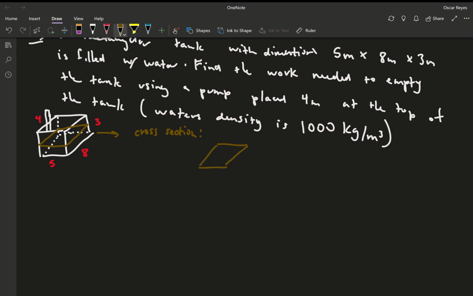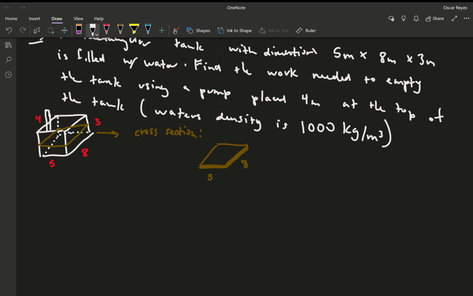Right? So our cross-section has a thickness which is supposed to be very, very small. And depending on how we draw it, that'll depend on whether we use dx or dy. But we know that this is always going to be 5 and this is always going to be 8.